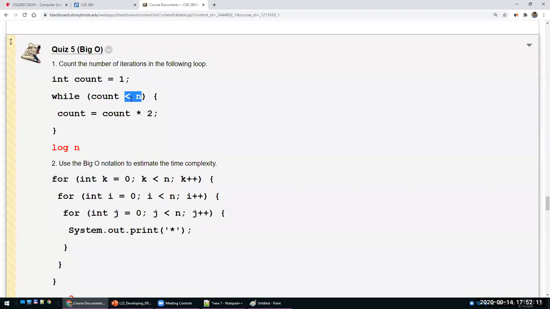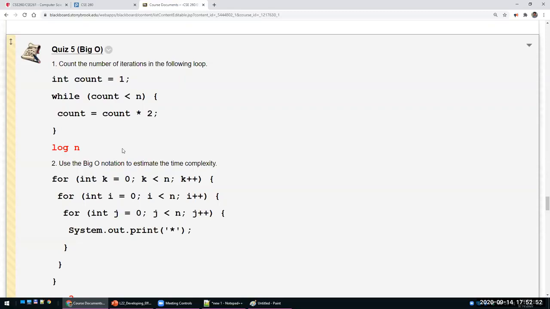So how many steps? We saw that we were actually jumping double at every step, which basically means that the time is logarithmic, because for any n, the number of iterations up to the moment that n is not greater than count anymore is logarithm base 2 of n, because at every step you multiply the count by 2.